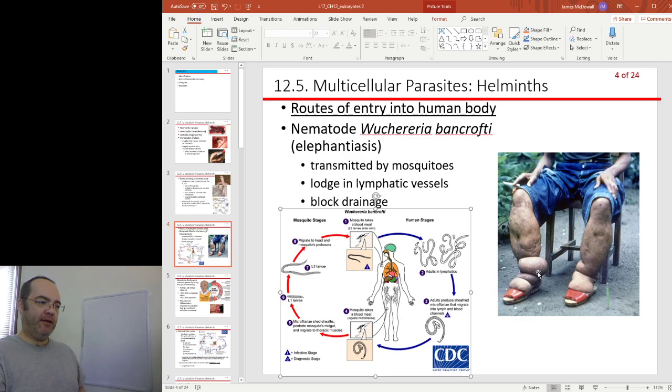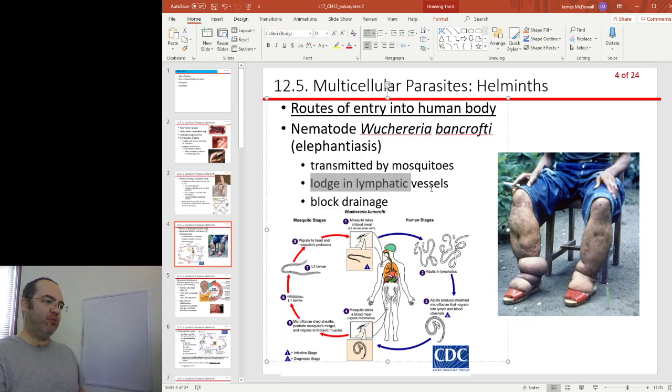What causes these unpleasant symptoms is that the worms wriggle through the body, and they wriggle into the lymphatic vessels. If you recall what the lymphatic vessels do, all of that fluid in the blood is pumped and it's lost into the tissues.